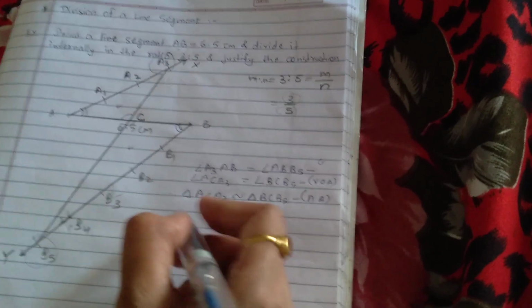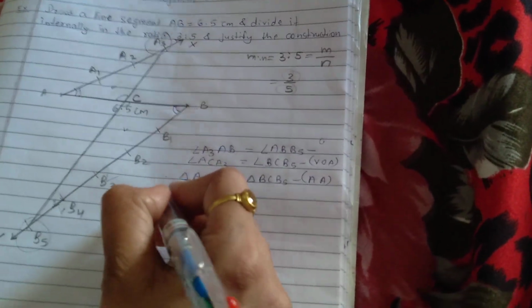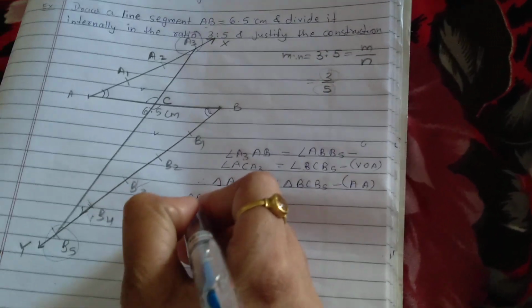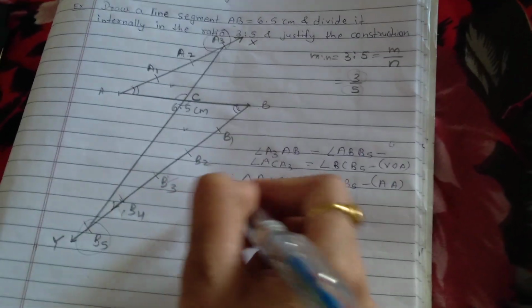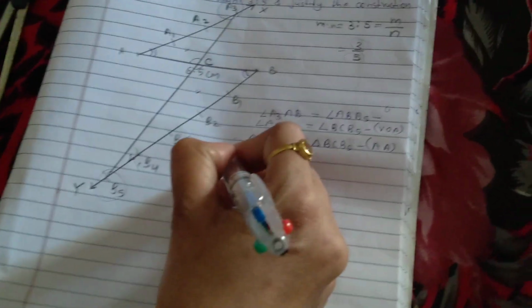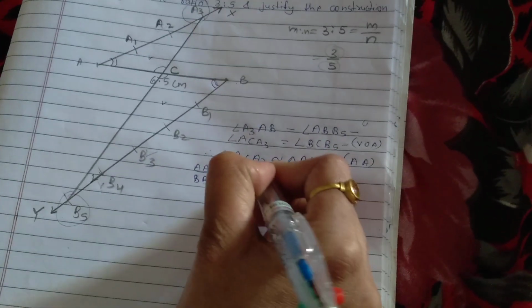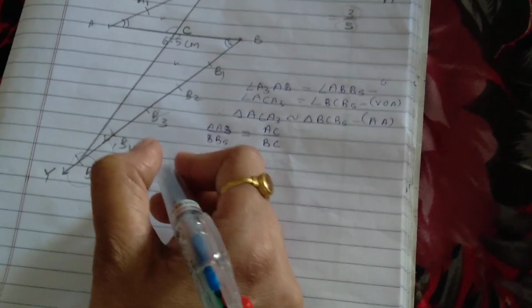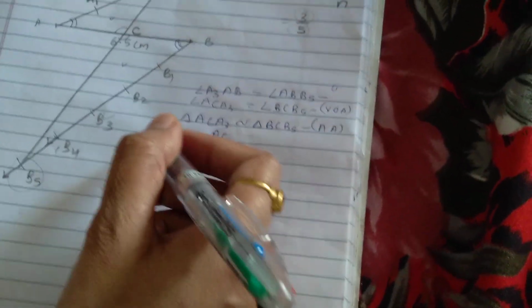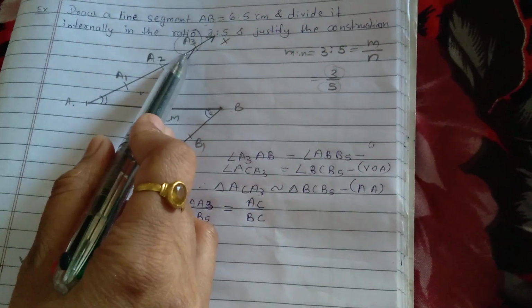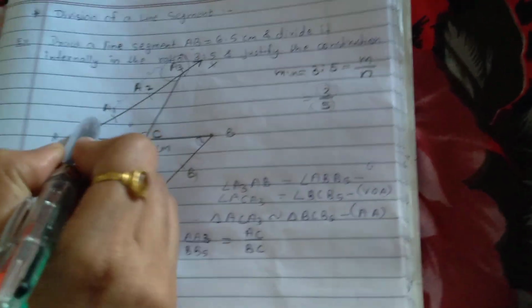So children, I can take the ratio of corresponding sides, which are proportional. So I am taking AA3 upon BB5 is equal to AC upon BC. By construction, if you observe AA3, how many parts can you see? 1, 2 and 3.